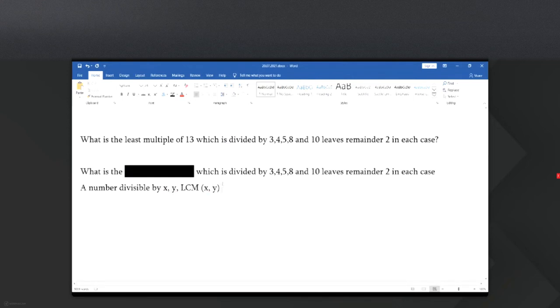So what is the LCM of x and y? You will get some value, and that is the number divisible by x and y. Or I can say the LCM of x comma y is the first number divisible by x comma y.